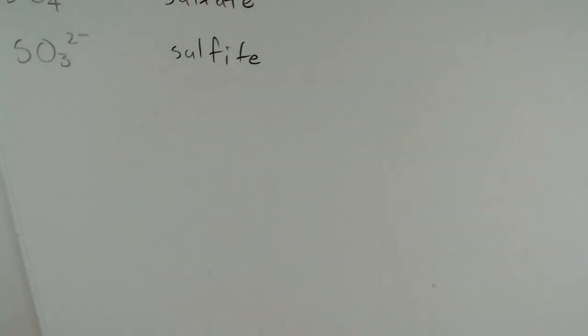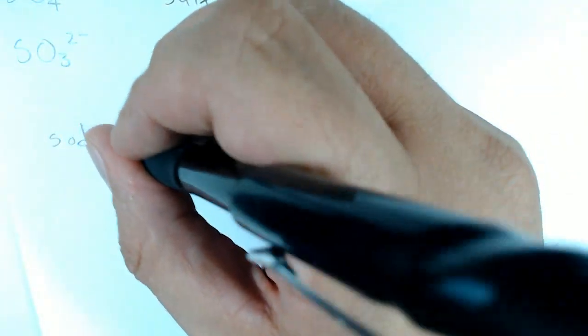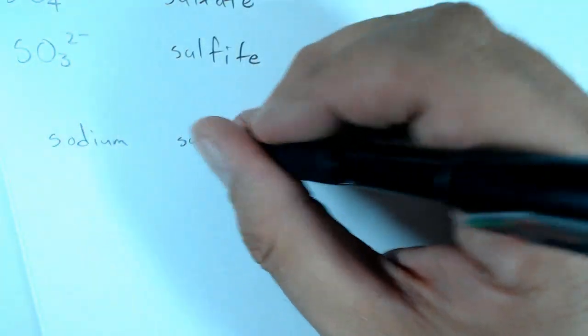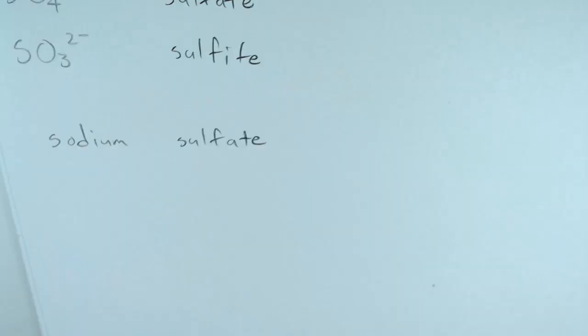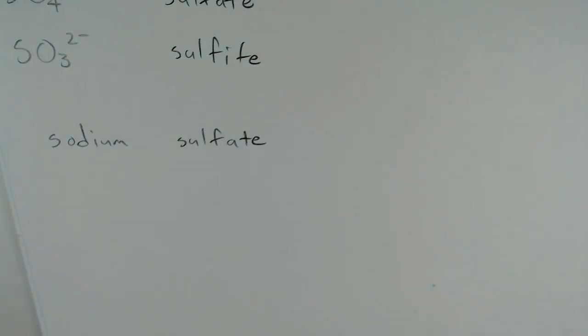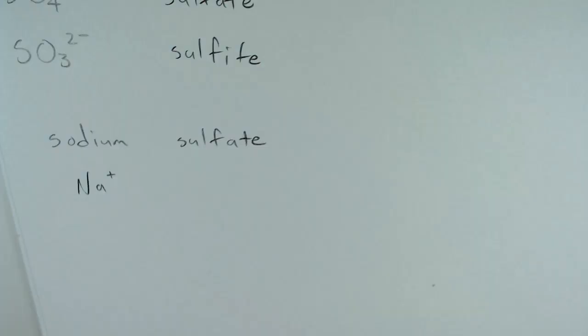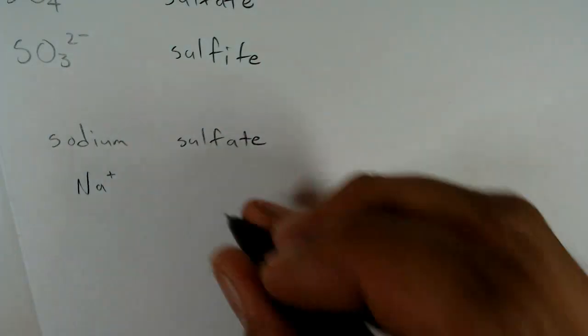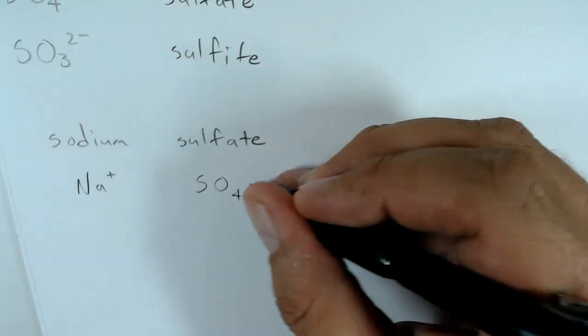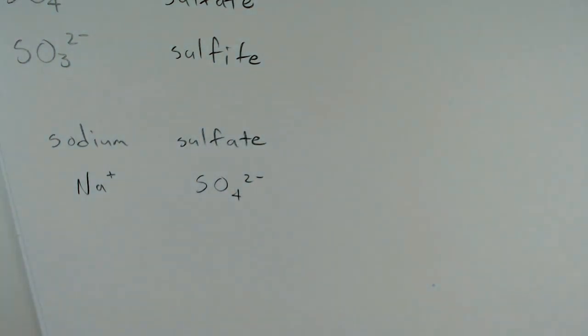So what if we had sodium sulfate? There's an easy one for you. So just like before, we go ahead and write out the ions here, and then do the cross method.